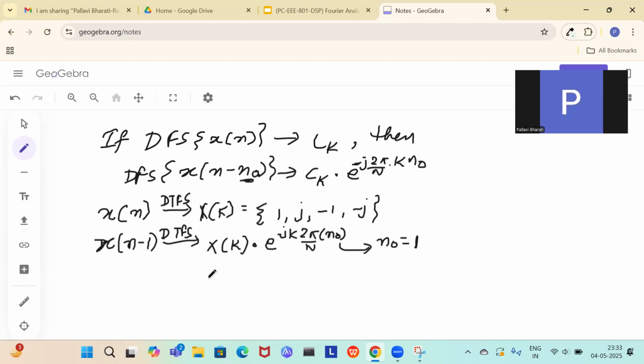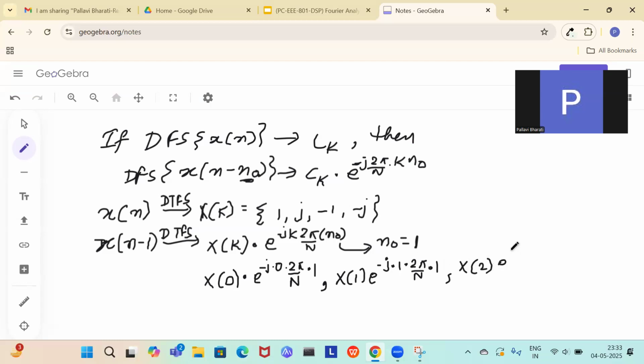So for every X[k] that we have over here, first you will have X0, then you will have X1. So let us write here X0 times e to the power -j times 0 times 2 pi by capital N times 1. The next one will be X1 times e to the power -j times 1 times 2 pi by capital N times 1.